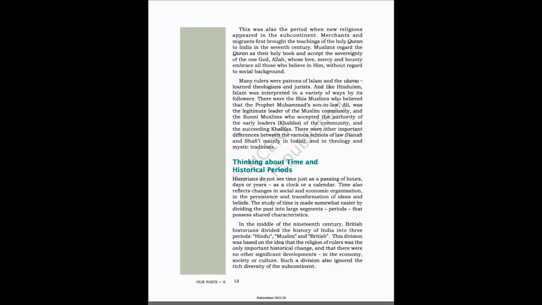There were the Shia Muslims, who believed that the Prophet Muhammad's son-in-law, Ali, was the legitimate leader of the Muslim community, and the Sunni Muslims, who accepted the authority of the early leaders, Khalifas, of the community and the succeeding Khalifas. There were other important differences between the various schools of law, Hanafi and Shafi mainly in India, and in theology and mystic traditions.